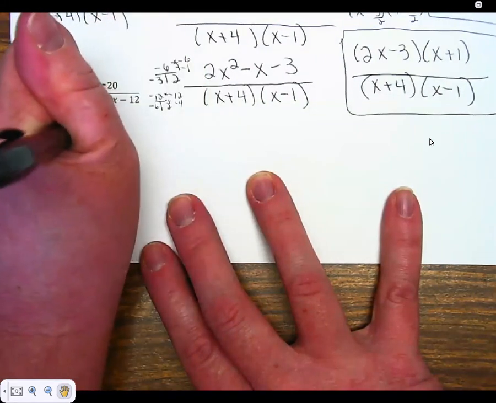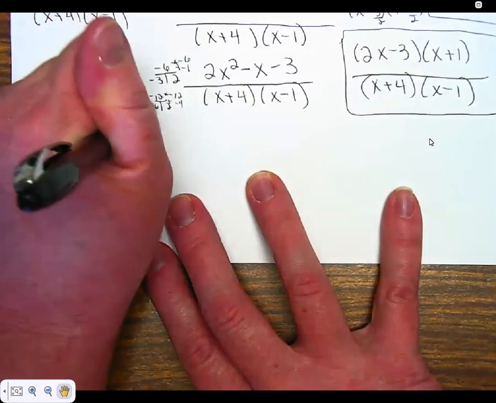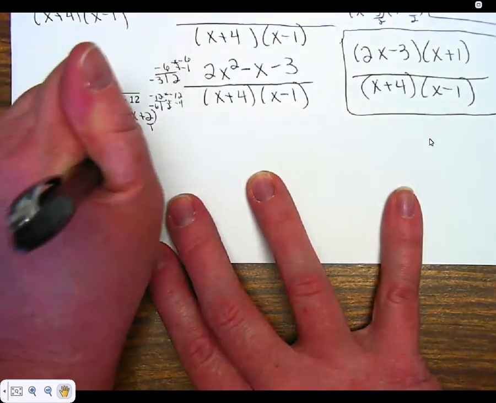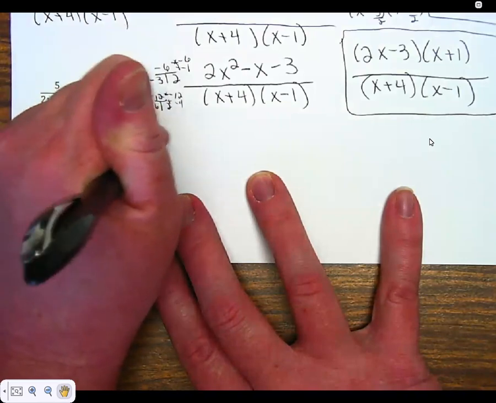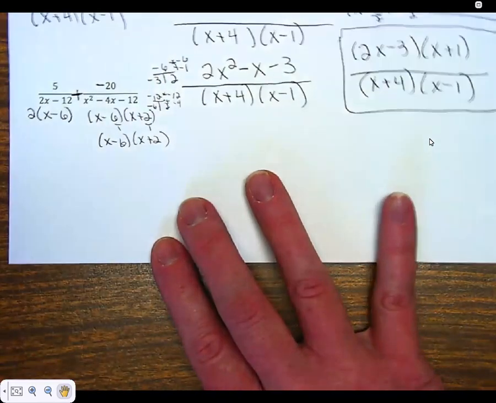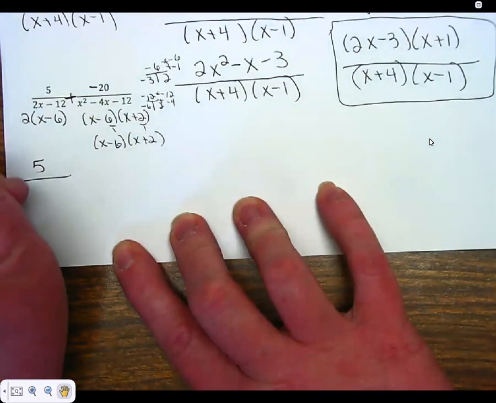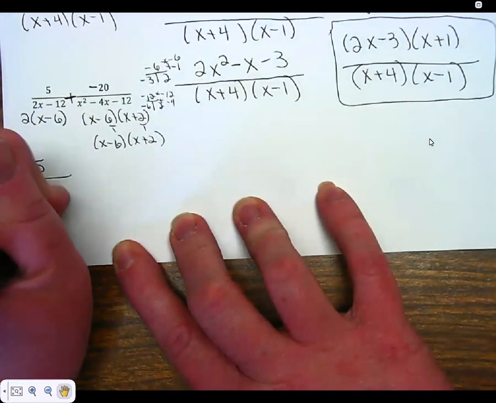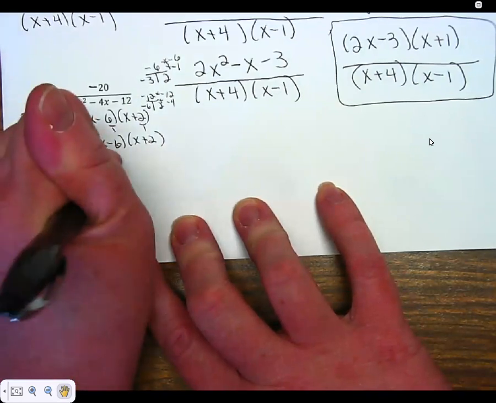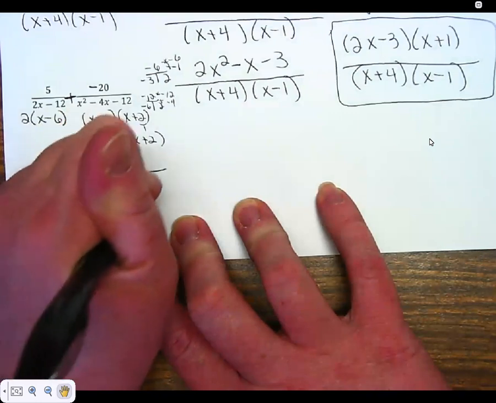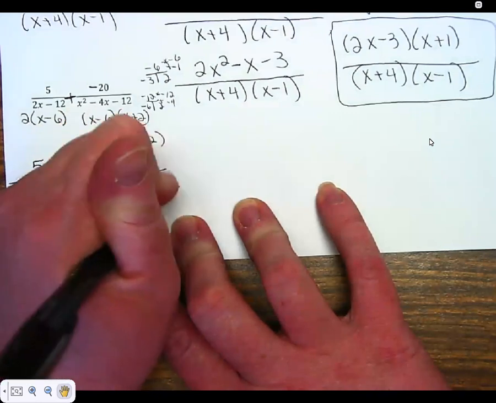So then you're looking at x minus 6, x plus 2 divided by 1, which accomplishes nothing. Okay, so once you finish factoring, you want to write down what you have. So over here, I've got 5 over 2 and x minus 6 plus -20 over x minus 6 and x plus 2.